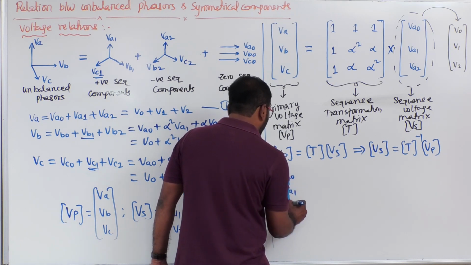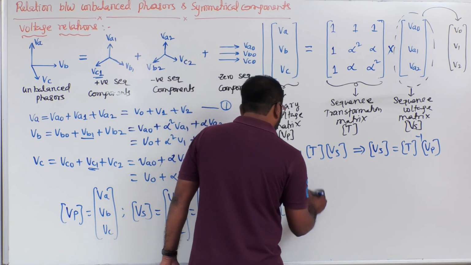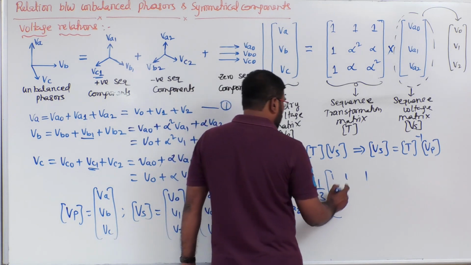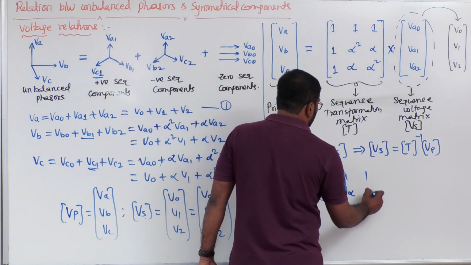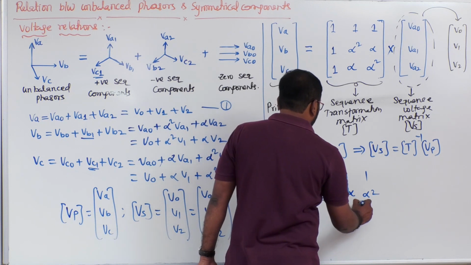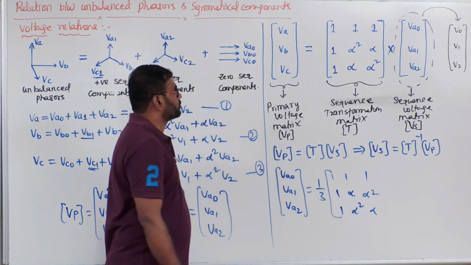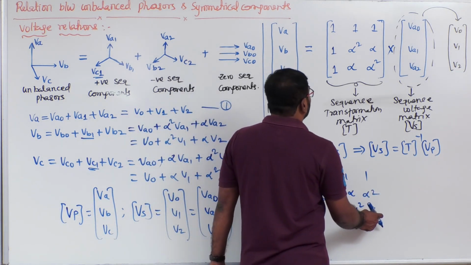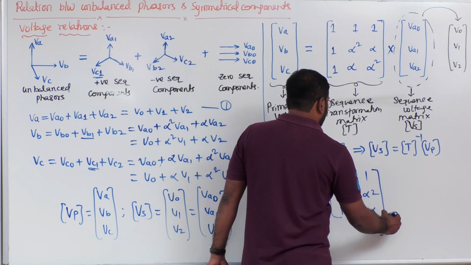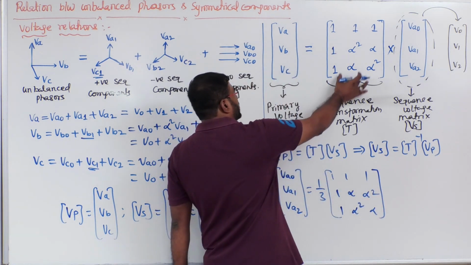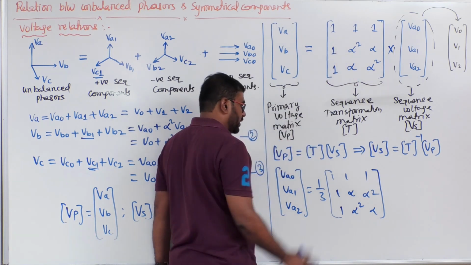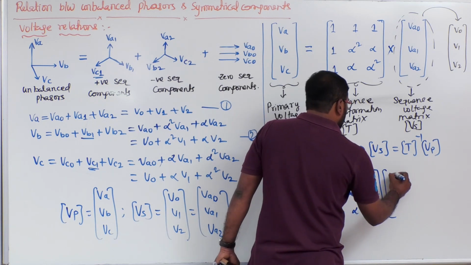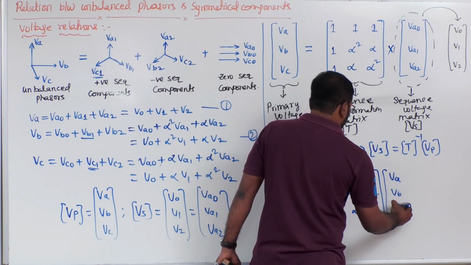The T inverse can be written as 1 by 3 times, you can easily remember, 1, 1, 1; 1, alpha, alpha square; 1, alpha square, alpha. It's not the transpose, we are exchanging these two rows. Clear? Multiplied with VA, VB and VC.